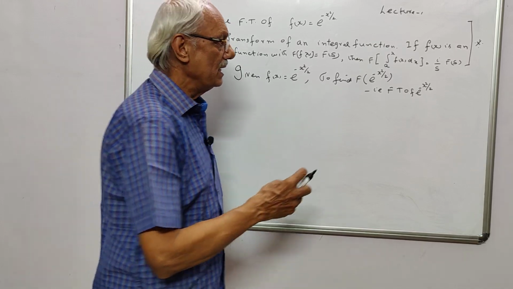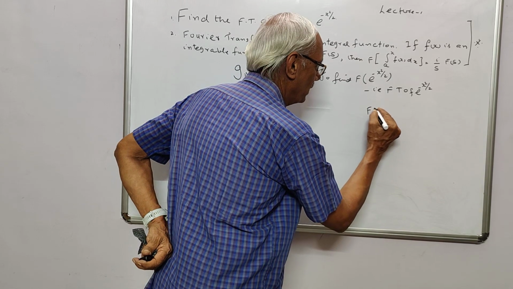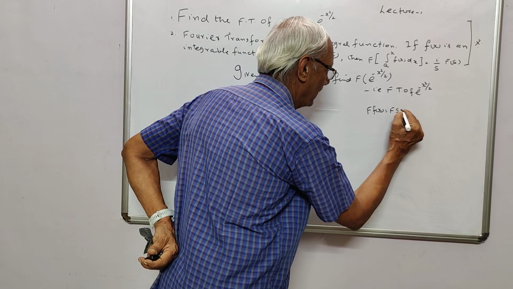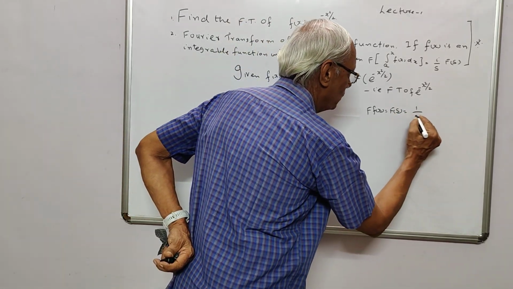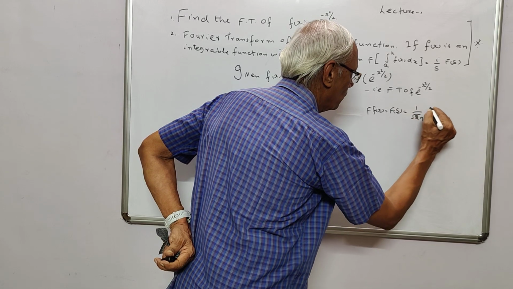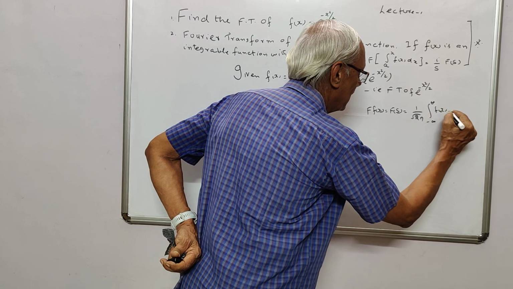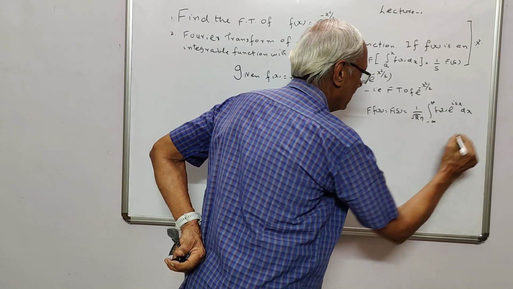Whenever a function is given, your Fourier transform is given by F of x, which is equal to F of s, which is equal to 1 by square root of 2 pi, integral from minus infinity to plus infinity of f of x e to the power of isx dx.